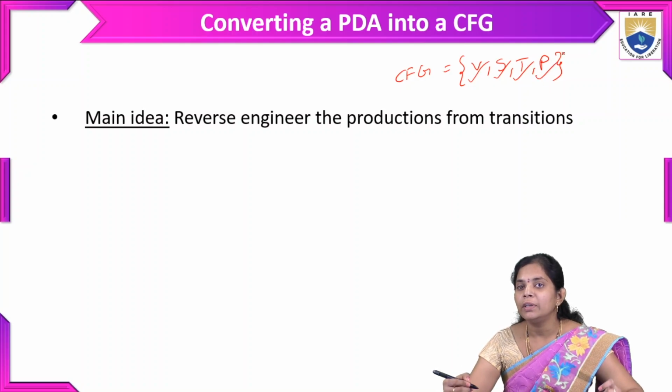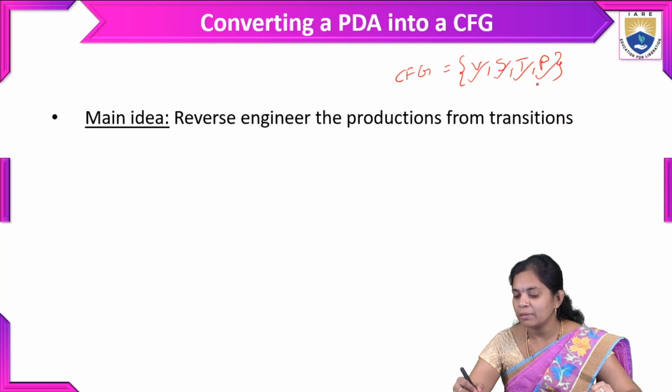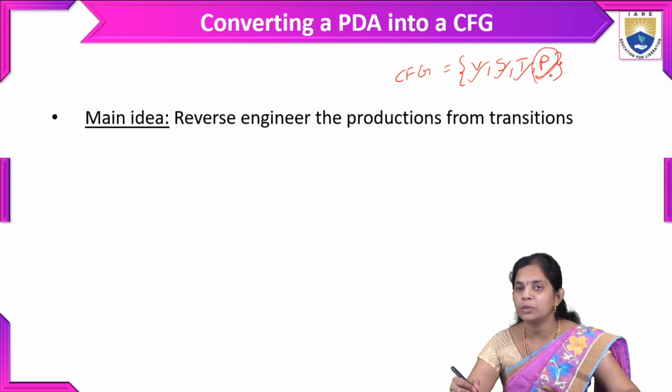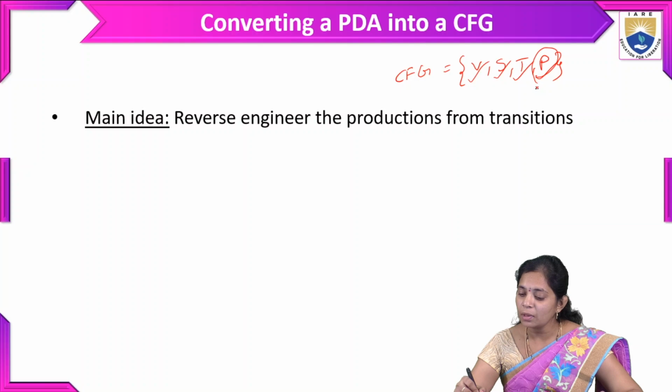So here we need to derive the productions. In this 4-tuple notation, the fourth one, the productions, is the most important thing. Based on these productions, we can design the grammar. The grammar is nothing but equations in the form of productions. These productions we need to derive from the transition function.